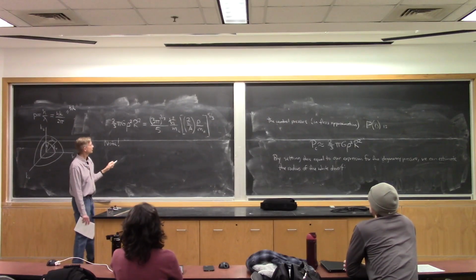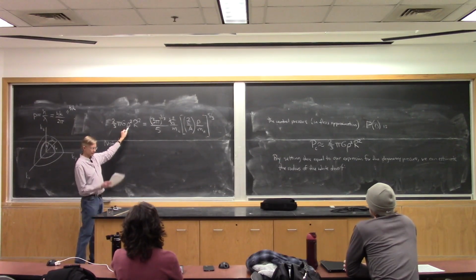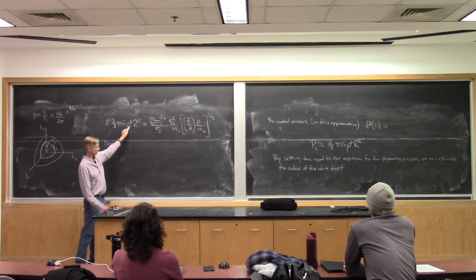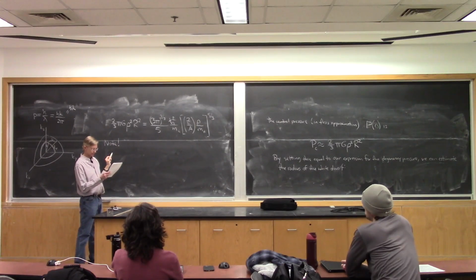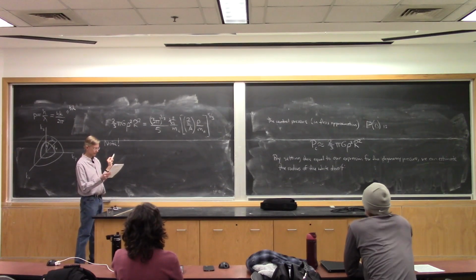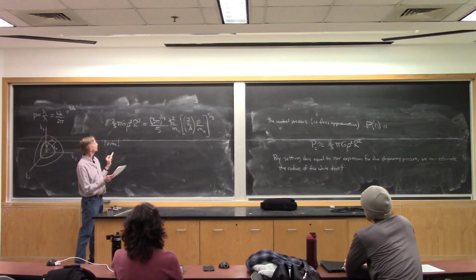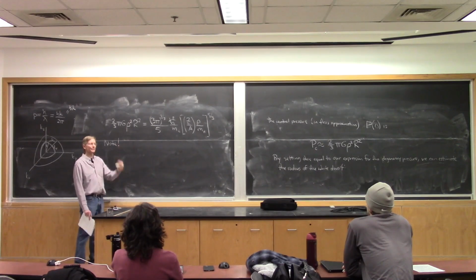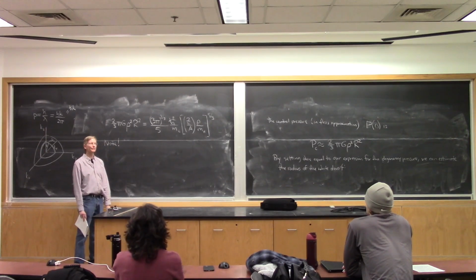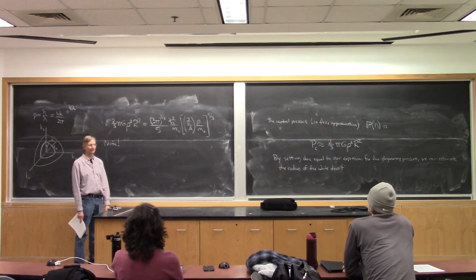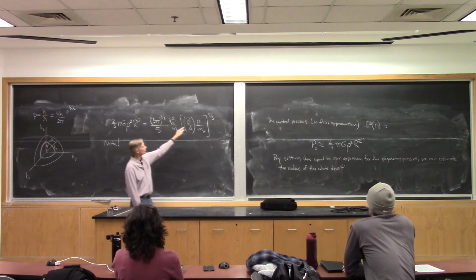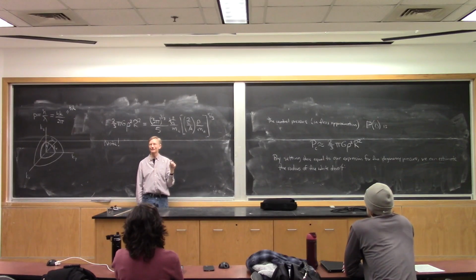Rho squared is rho to the 6/3, right? So rho to the 6/3 divided by rho to the 5/3 is what?